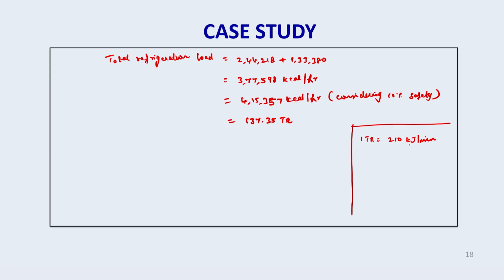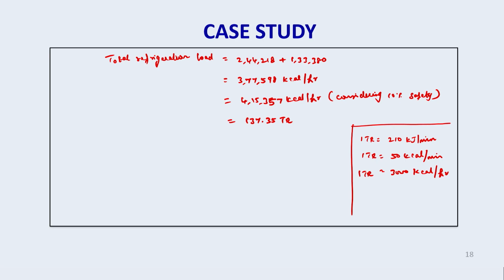So 1 kilocalorie is 4.18. If you divide by 4.18 or 4.2, we will get 1 TR is equal to around 50 kilocalories per minute. Multiply by 60, you will get 3000 kilocalories per hour, 1 TR.